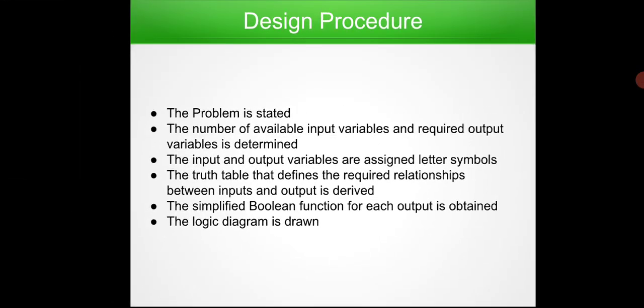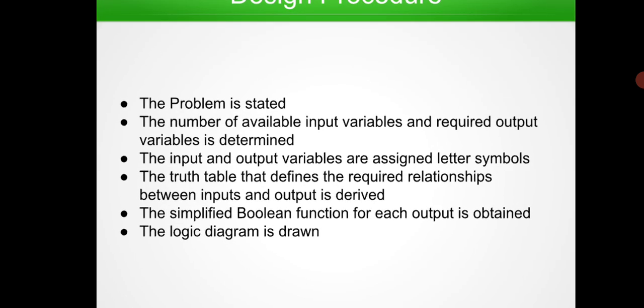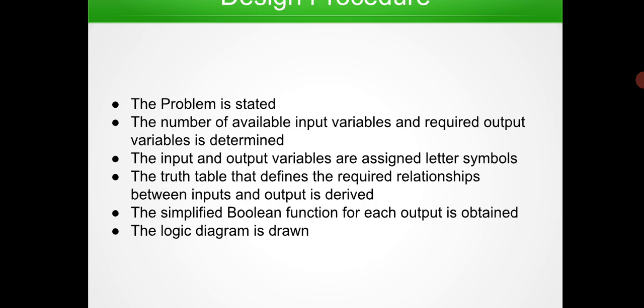Next, you have the design procedure. How exactly can you go for the design procedure of a combinational logic circuit? The first point is the problem is stated. What kind of problem you are going to deal with, that particular problem has to be stated. Next, the number of available input variables and required output variables is determined. Ultimately, you should know what the available input variables are and what the required output variable is.